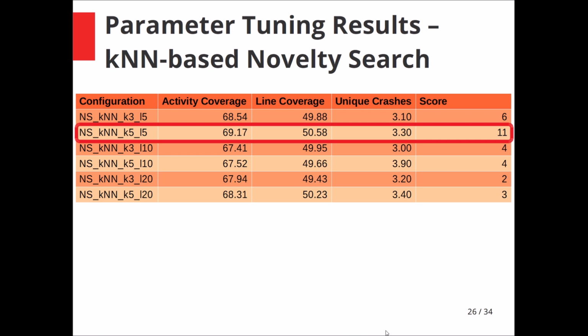The configuration with the highest tournament ranking score is deemed to be the best configuration, which is for the KNN-based novelty search the variant using a value of k=5 and an archive size limit of 5 as well.